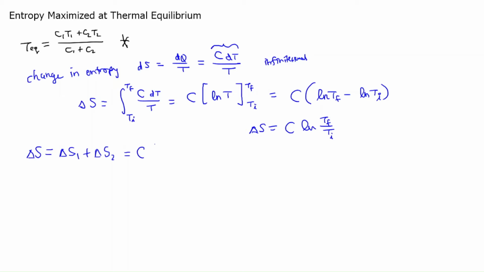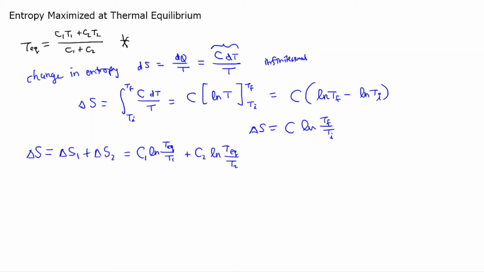If you were doing a more traditional problem, we could write this as, say, C1 times the natural log of the equilibrium temperature over T1, the starting temperature for subsystem 1, and then likewise plus C2 times the logarithm of the ratio of the equilibrium temperature to the starting temperature of subsystem 2, T2.